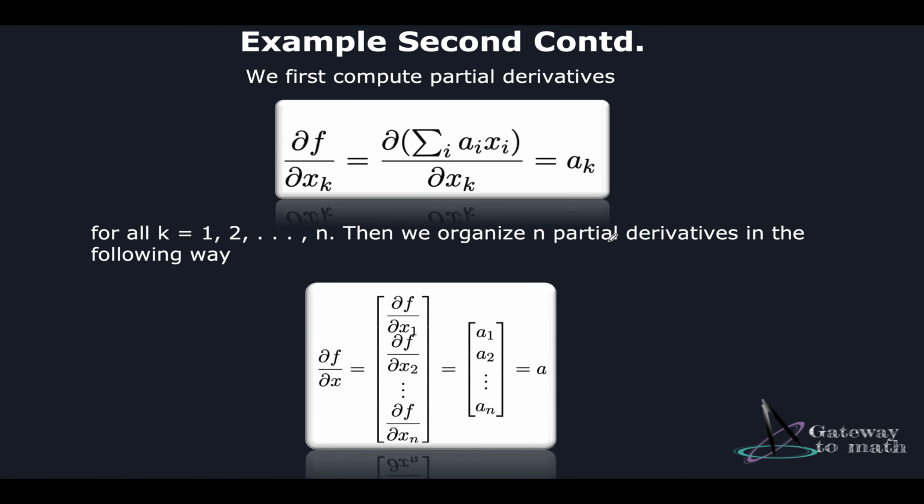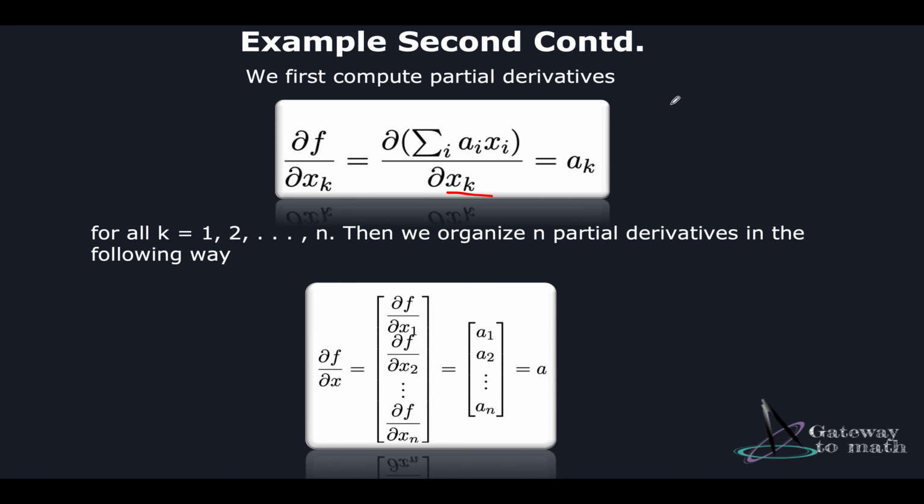So if we continue to expand on this example and are finding the partial derivative of del f with respect to del x subscript k, we'll get the constant a subscript k. So now we are finding the partial derivative of the whole multivariate values that we've taken with respect to x of k.